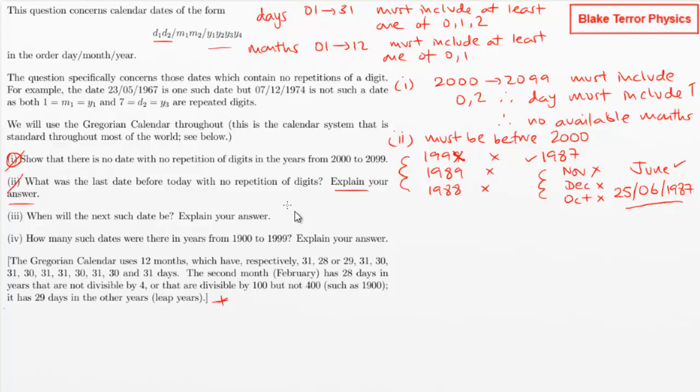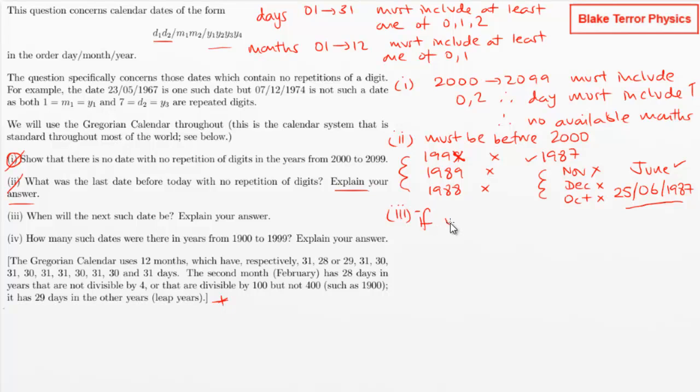When will the next such date be? Right, so the next such date. We've got to have one of 0, 1 and 2: one of them going into the days, one into the months, and then one could go into the year.